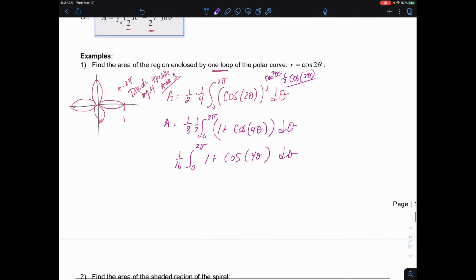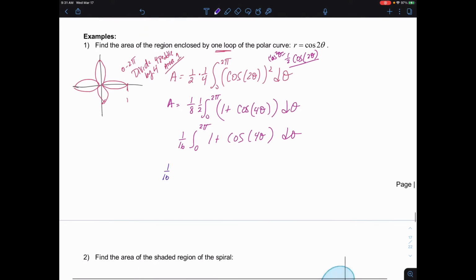And if I integrate that, I'm going to have 1/16. The integral of 1 is going to be theta, plus the integral of cosine of 4 theta is 1/4 sine of 4 theta, from 0 to 2 pi.